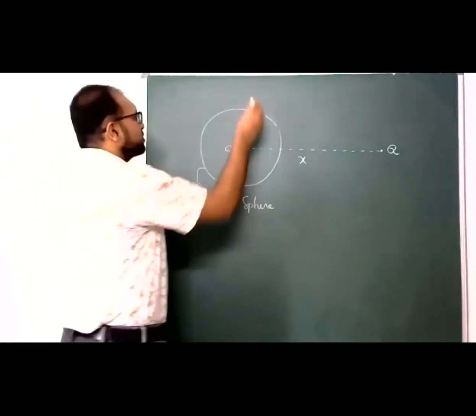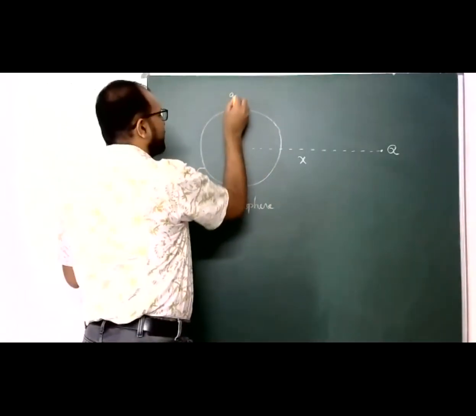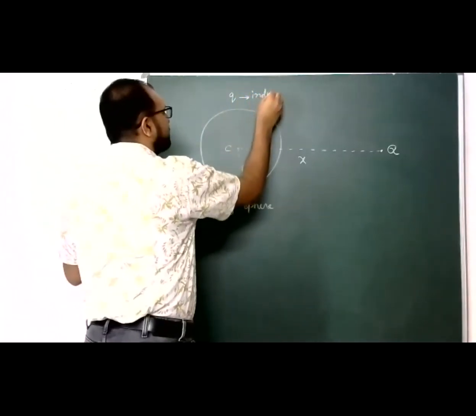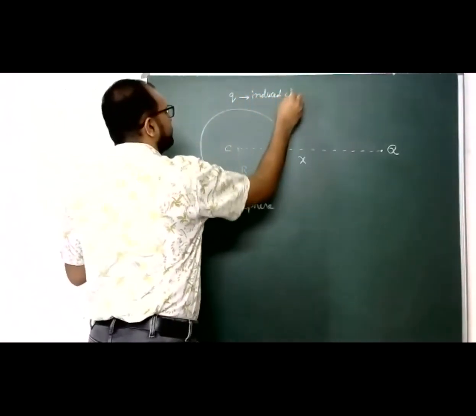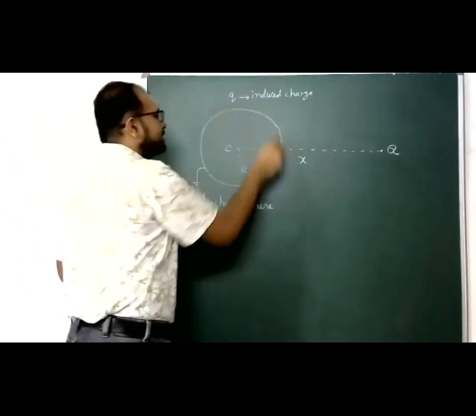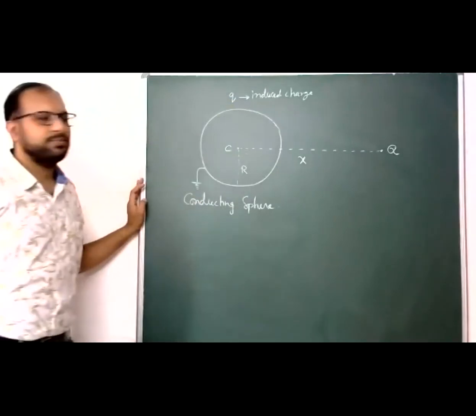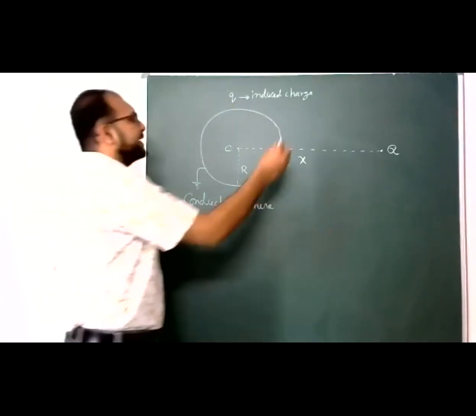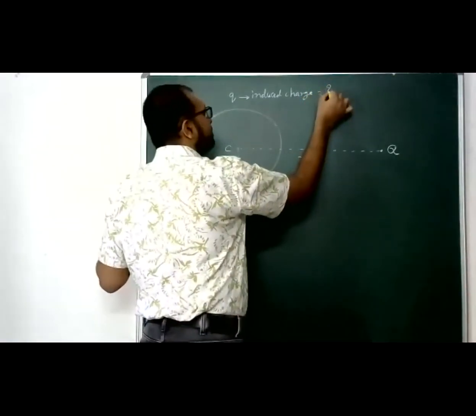That net charge, students, I am assuming small q. This is nothing but the induced charge on the surface of this conducting sphere. That charge is our target now. How much charge is it?